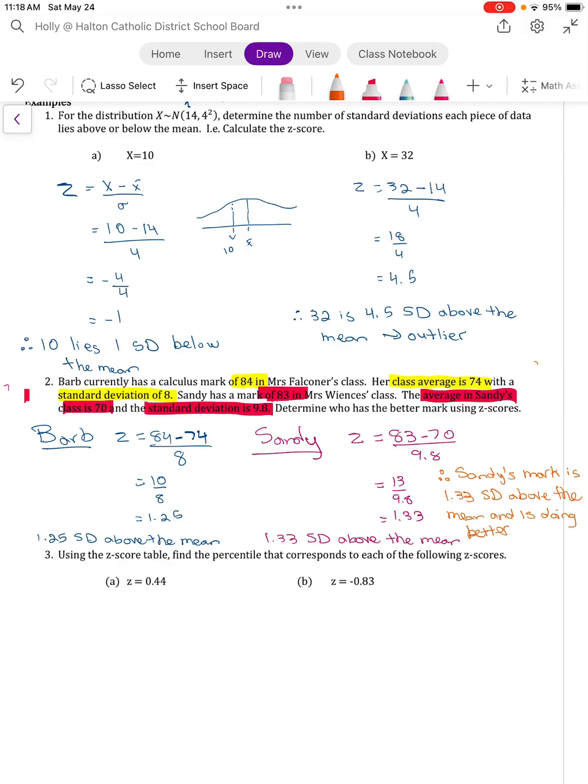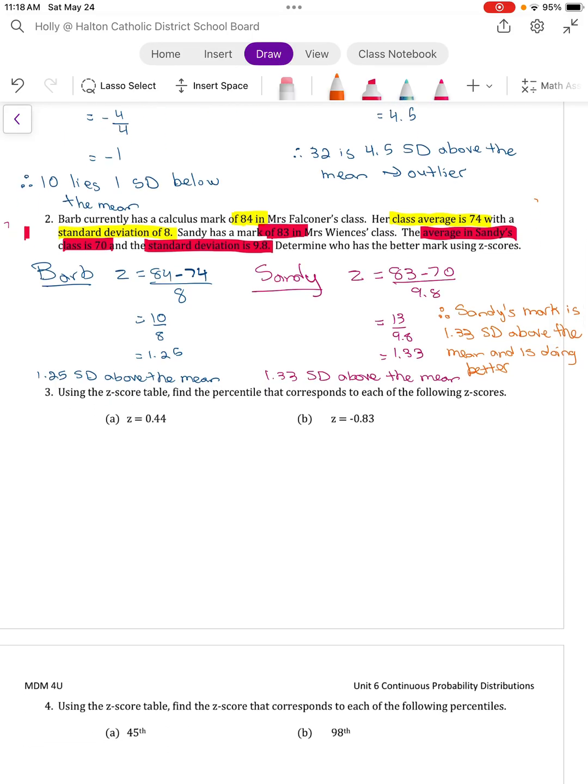It's all relative to the data points within that class. Okay, so the Z-score helps normalize that to create a fair playing ground comparison of how the marks are related to each other.